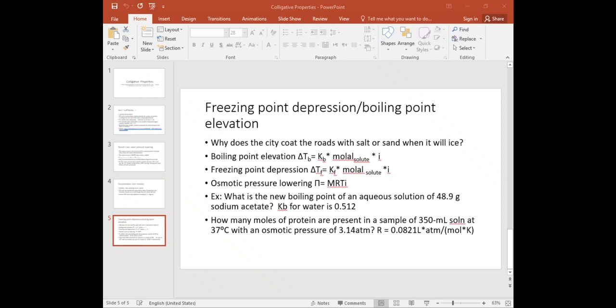The difference, so it's going to be a positive number, and how you get your new boiling point is you have to add. So this value that you get, you have to add to the original boiling point or the boiling point of your solvent.